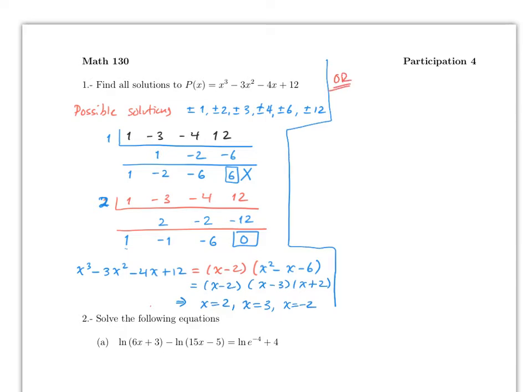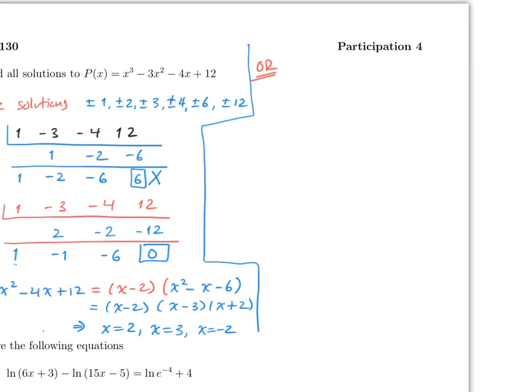Or you can just factor straight out like this. So you have x cubed minus 3x squared minus 4x plus 12. If this equals 0, you can factor by grouping. So you factor the first two terms, then the last two. The factor for the first one is x squared, and then this is x minus 3. The GCF for the second part is 4. This is x minus 3. This equals 0.